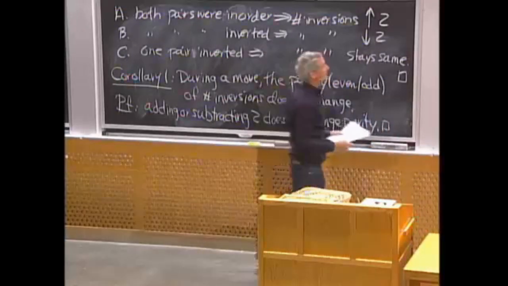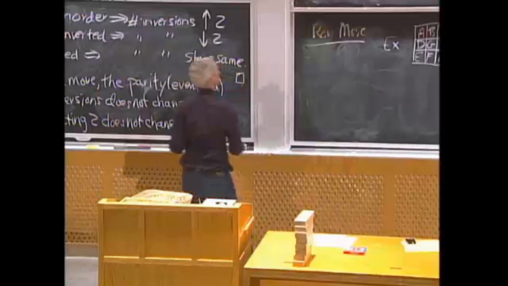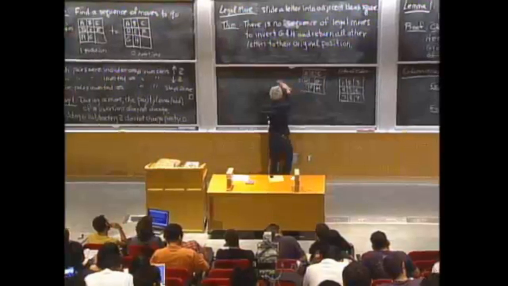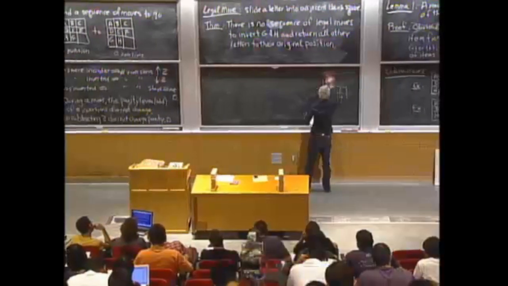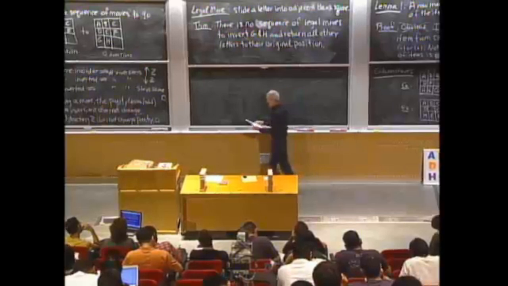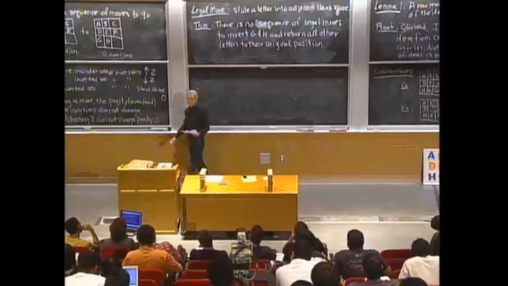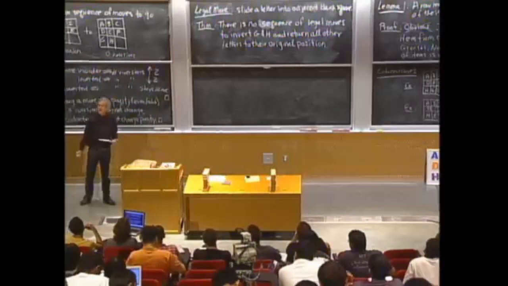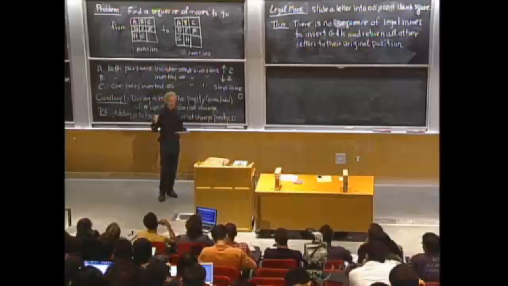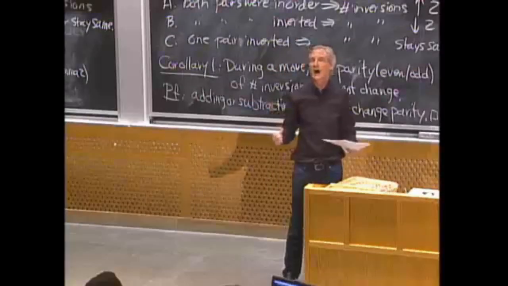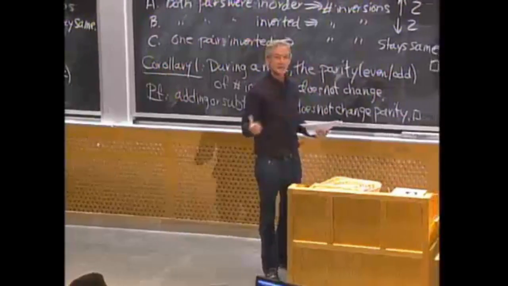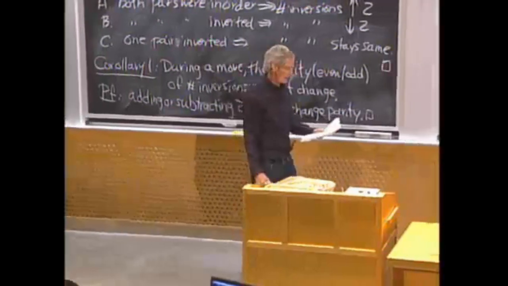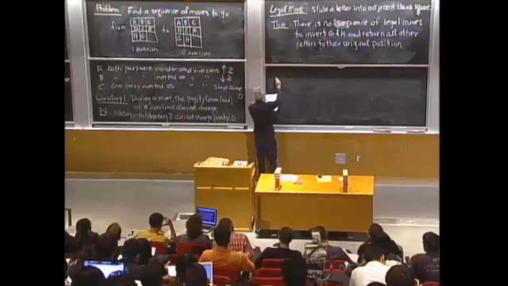All right, now we're ready to state the invariant. Anybody tell me what the invariant is going to be in this system? Yeah, the parity of the number of inversions is odd. Because it starts that way, it's preserved, and it won't hold in the desired end state that we're looking at. So we can state that as follows.